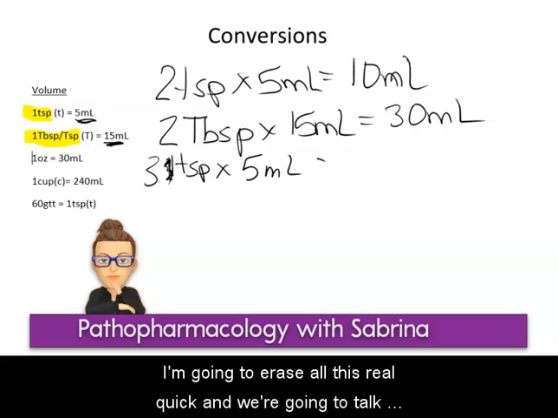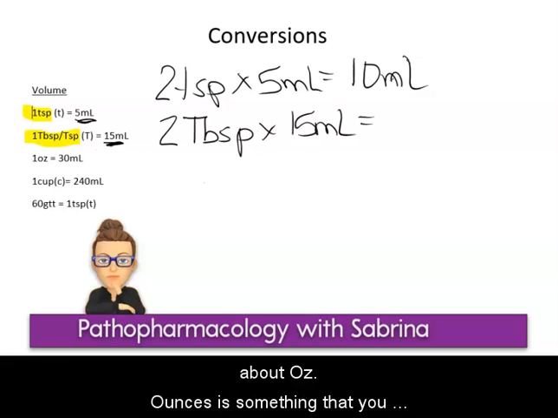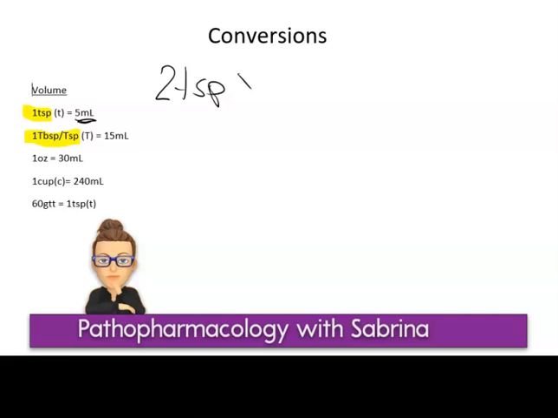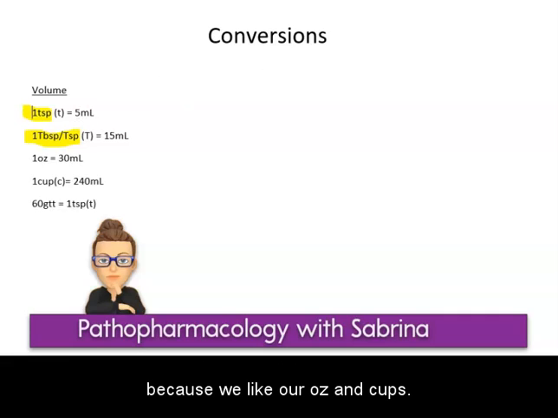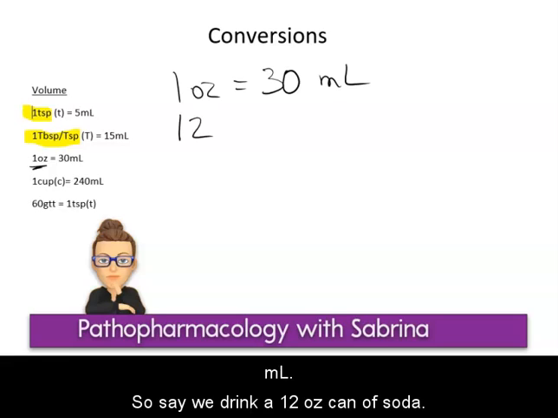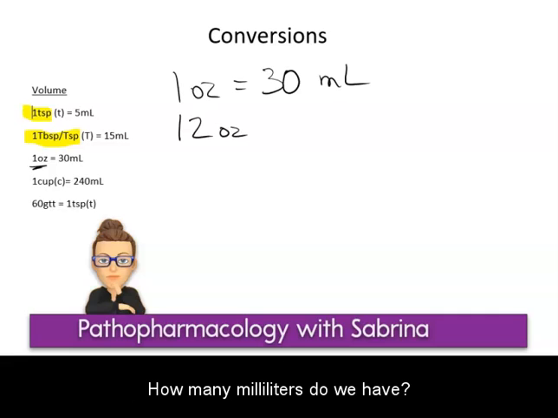So I'm going to erase all this real quick, and we're going to talk about ounces. Ounces is something that you probably have a lot of experience with here in America, because we like our ounces and cups. So we've got 1 ounce equals 30 milliliters. So say we drink a 12-ounce can of soda. How many milliliters do we have?